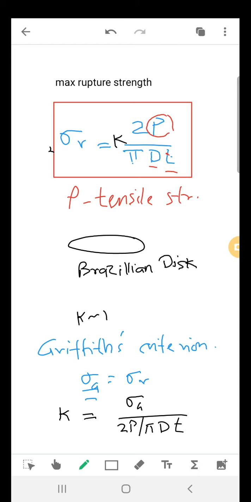And this is again related to the Poisson's ratio and load displacement.